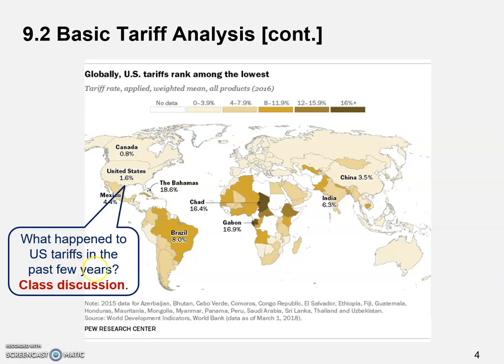Would you expect this number to stay almost the same, 1.6%, in other words an extremely low level, especially when we compare it with other major economies, developing and developed ones? Or do you believe certain things happened in the past few years that substantially changed this number? If so, which way did the tariff rate change, going up substantially or going down?